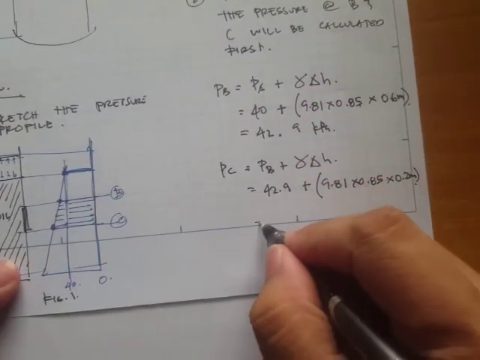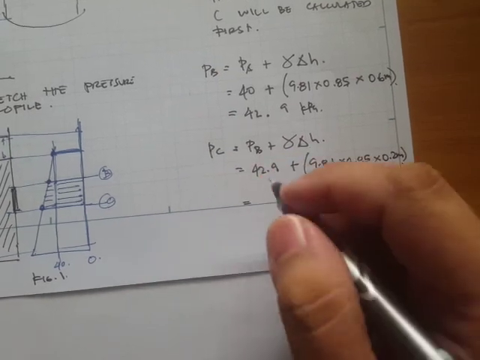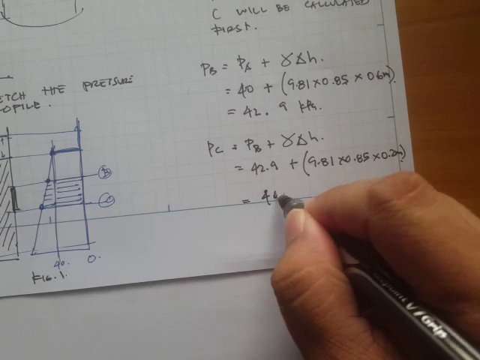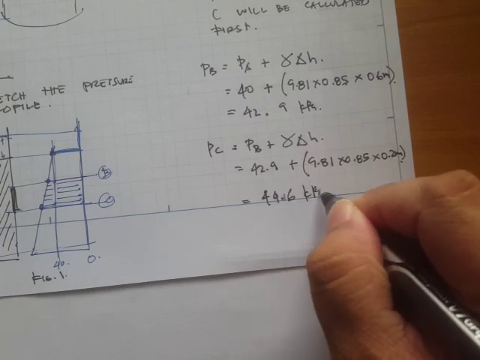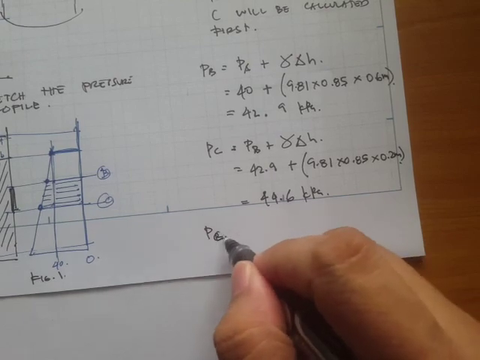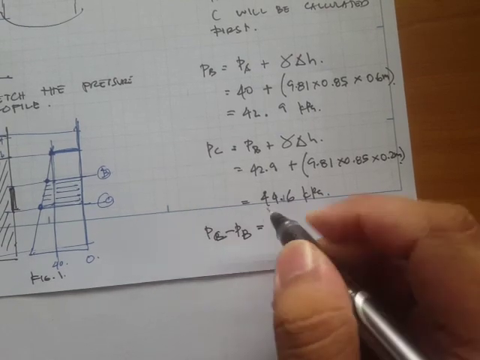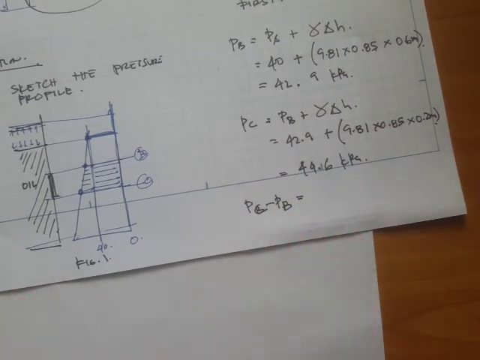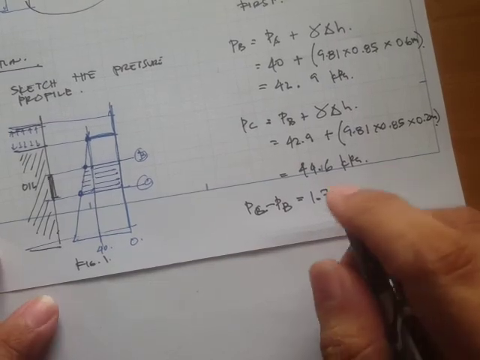Okay, so if we do the math here, we'll get a value of 44.6 kPa. And what we want is PC minus PB, which is just equal to 1.7.